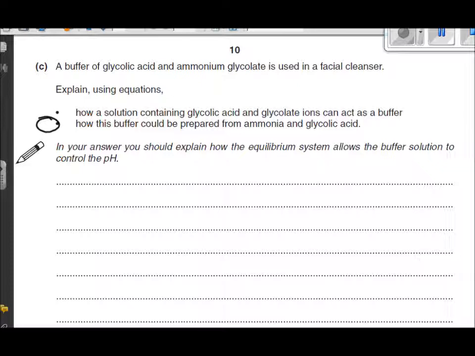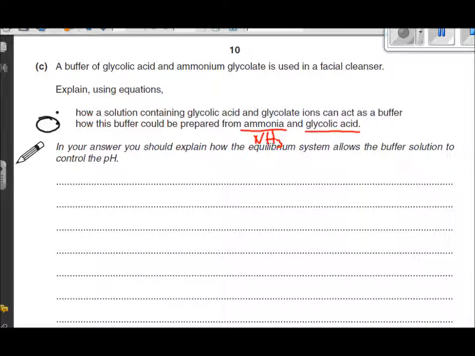How can this buffer be prepared from a mixture of ammonia, NH3, and glycolic acid?